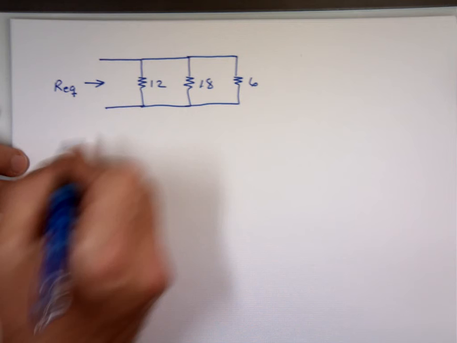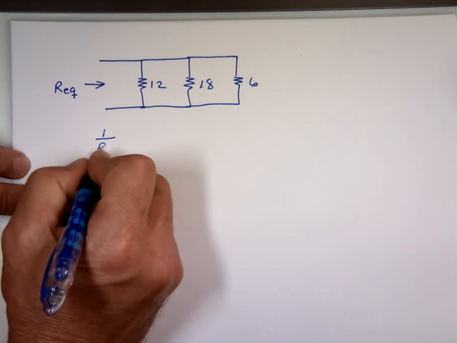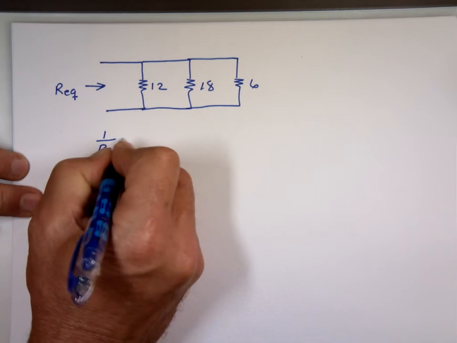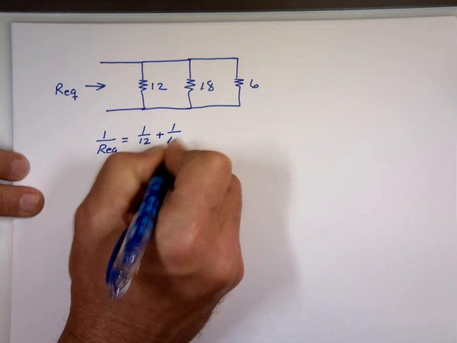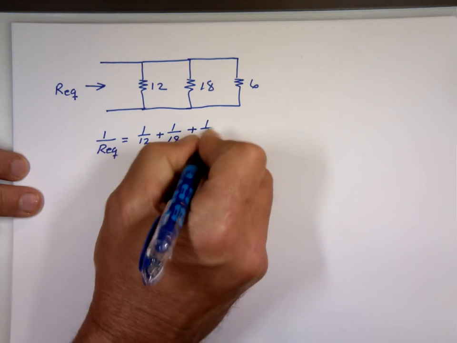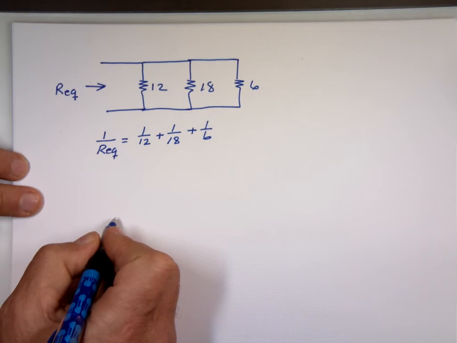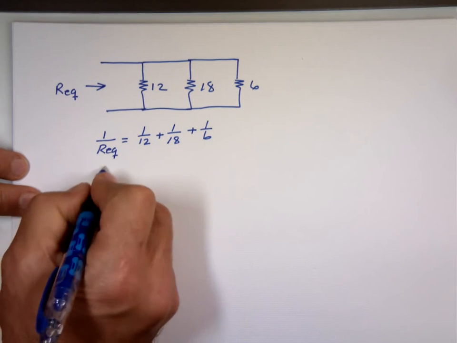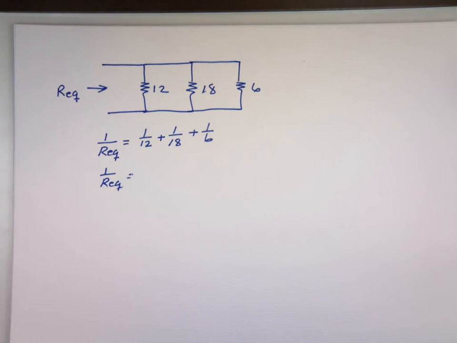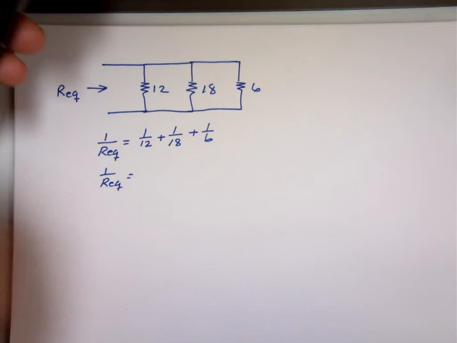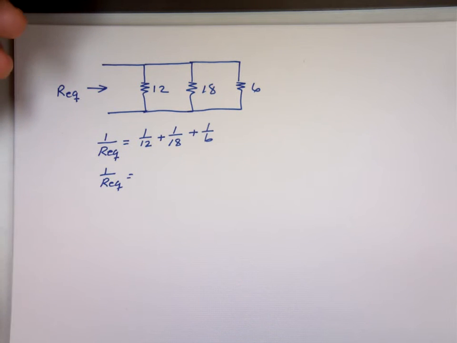I can do 1 over R equivalent to be 1 over 12 plus 1 over 18 plus 1 over 6. 1 over R equivalent equals, let me get to my calculator there, 1 divided by 12 plus 1 divided by 18 plus 1 divided by 6.